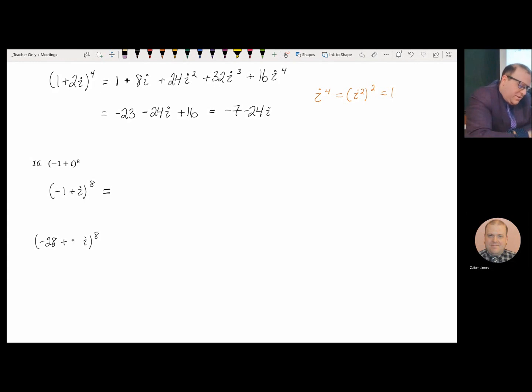Oh, wait, no, that can actually be made easier. No, it can't be. That's what you get to do, using Pascal's triangle and no calculator. I'm not going to use Pascal's triangle.